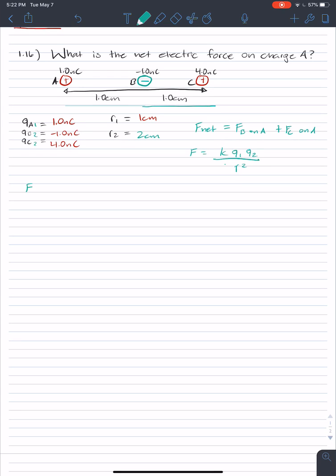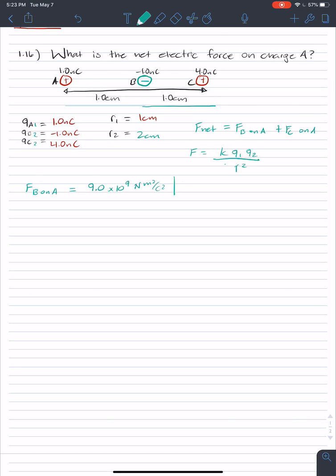So F of B on A is equal to K, which is 9.0 times 10 to the 9th newtons meters squared over coulomb squared. Now we have to multiply by our charges.